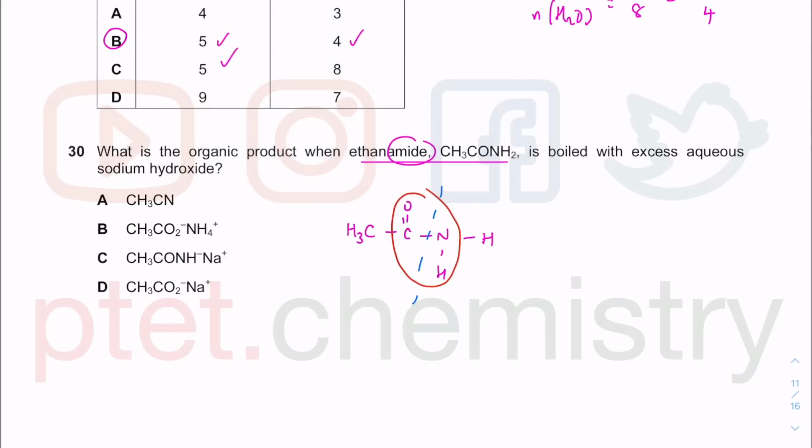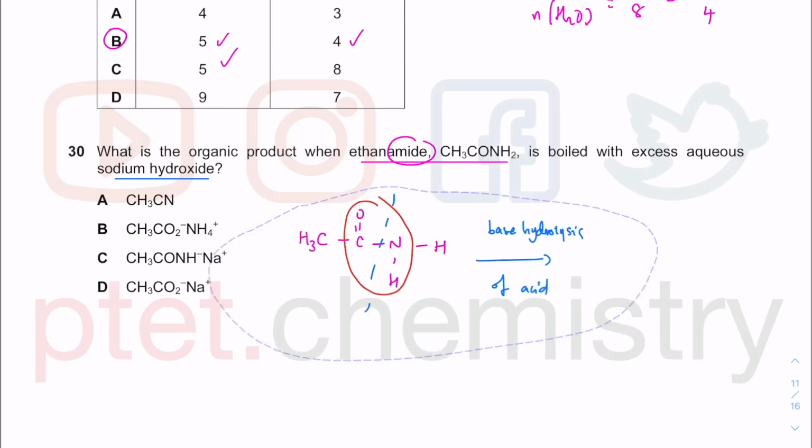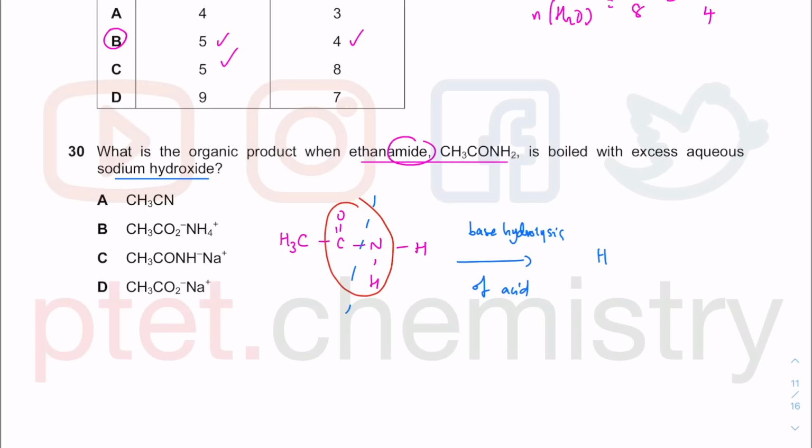So what we're going to do is hydrolyze this. When you hydrolyze it with sodium hydroxide, this is a base hydrolysis of amide. We need to be careful. One of the products that we expect to get will be a carboxylic acid, but you are doing base hydrolysis. So this left hand side is the carbonyl group, there is actually the carboxylic acid group, and on the right hand side that comes from the amine group.